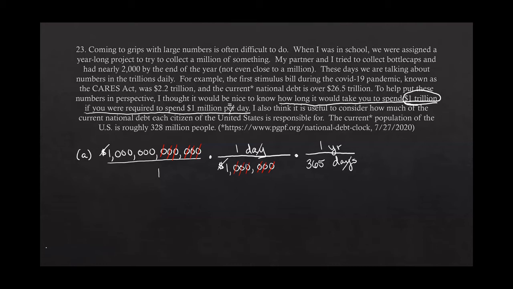All right, so now if you enter this and essentially divide by the 365, because we've turned this into just a 1, if you do this out, you should get 2,739.7 years.